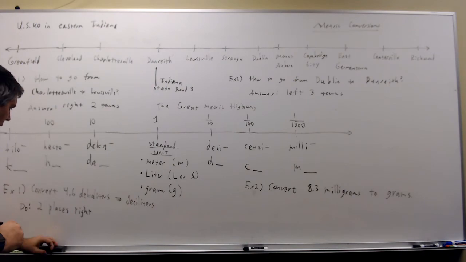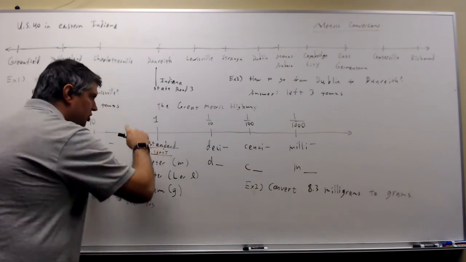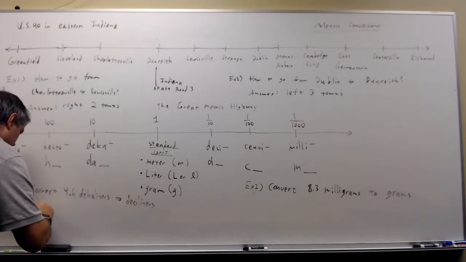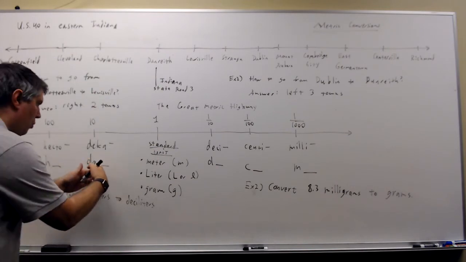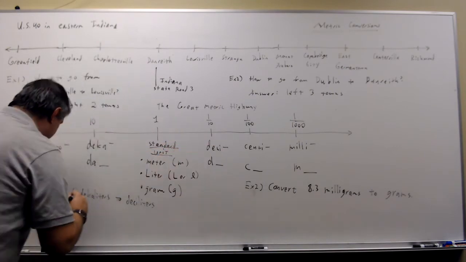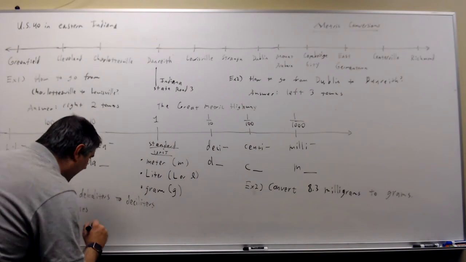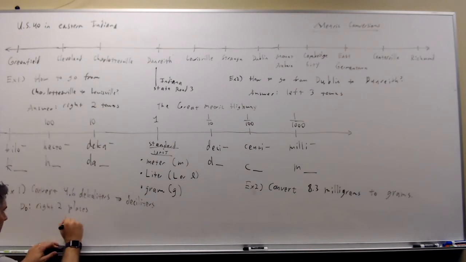Or another way to put it, which is what I said I was going to do, is to the right. Here I am at deca, 1, 2 places. Right, 2 places. So I have 4.6. I'm going to go over 1, 2 places. So that's 4, 6, and an empty hump points me to a 0.